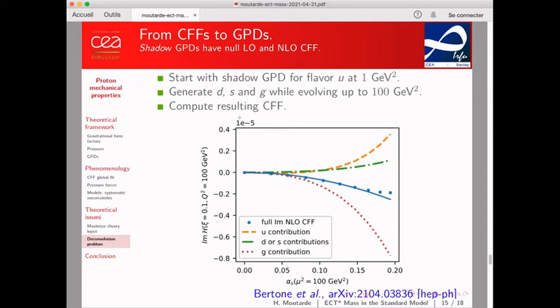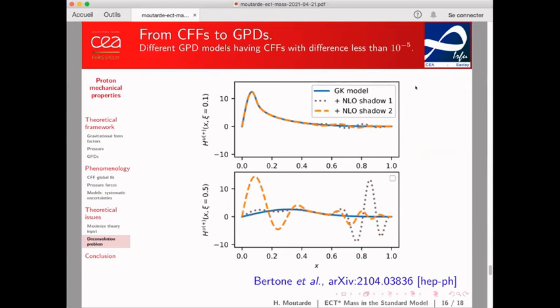And here you see the value on the ordinate is 10 to the minus 5, which means that if I take a popular GPD model used for phenomenology, for instance the Kroll-Goloskokov model, and I plug in different shadow GPDs at next-to-leading order, and I look at a specific value, for instance xi is 0.1, here is the x dependence of this GPD.